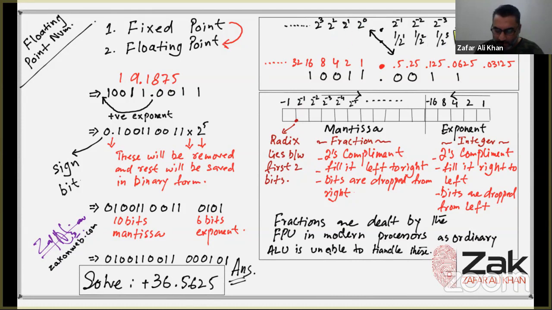If we simplify these, this becomes 1, 2, 4, 8, 16, 32, 64, 128. And on the right side, it is 0.5, 0.25, 0.125, 0.0625, and 0.03125.